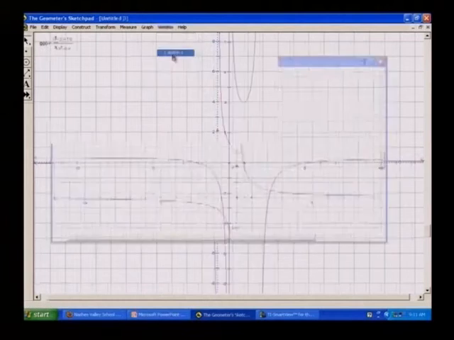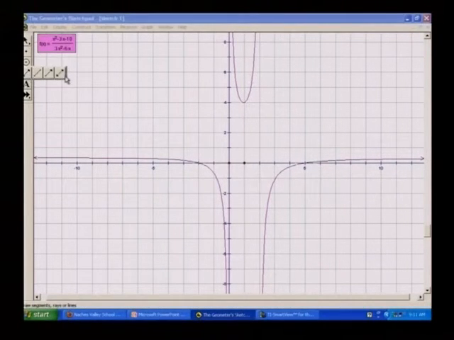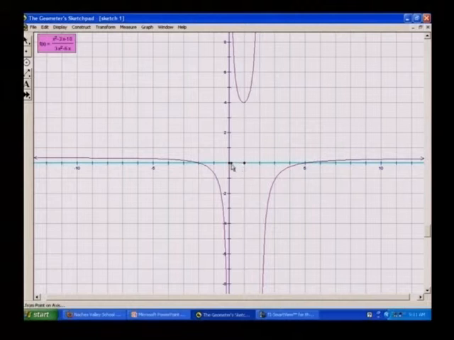So let's take a look at our graph. And conveniently, there's our function. And let's plug in our lines. We had an asymptote at x equals 0. Oops, and I got a circle instead of a line.